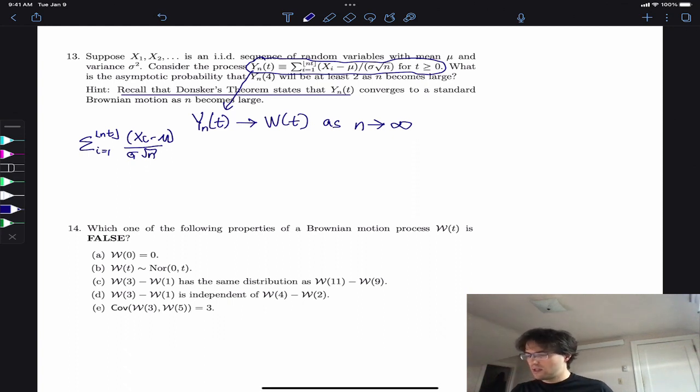The key here is that each of these random variables has mean mu and variance sigma squared. So what happens to an Xi?